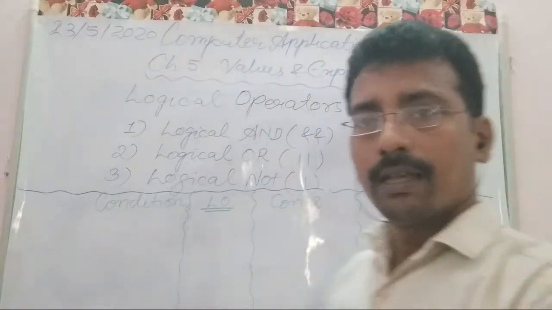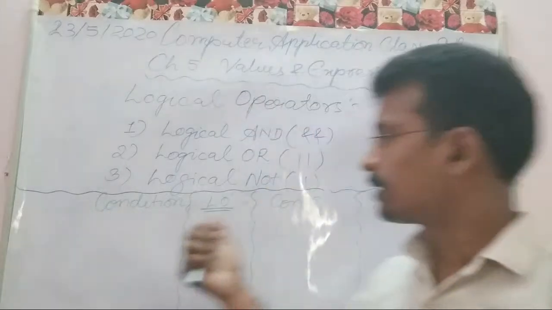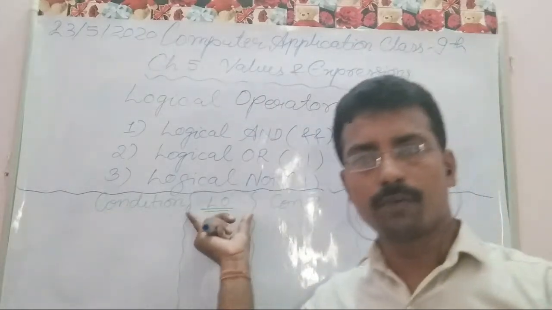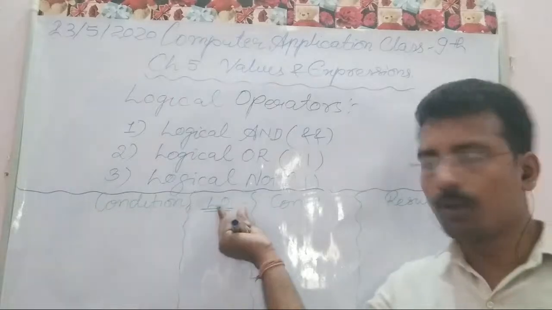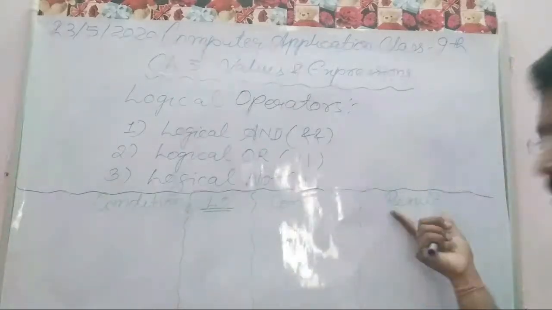See, this is condition 1, this is condition 2, and in between condition 1 and 2 a logical operator is there, LO in short form, and the result will be produced.